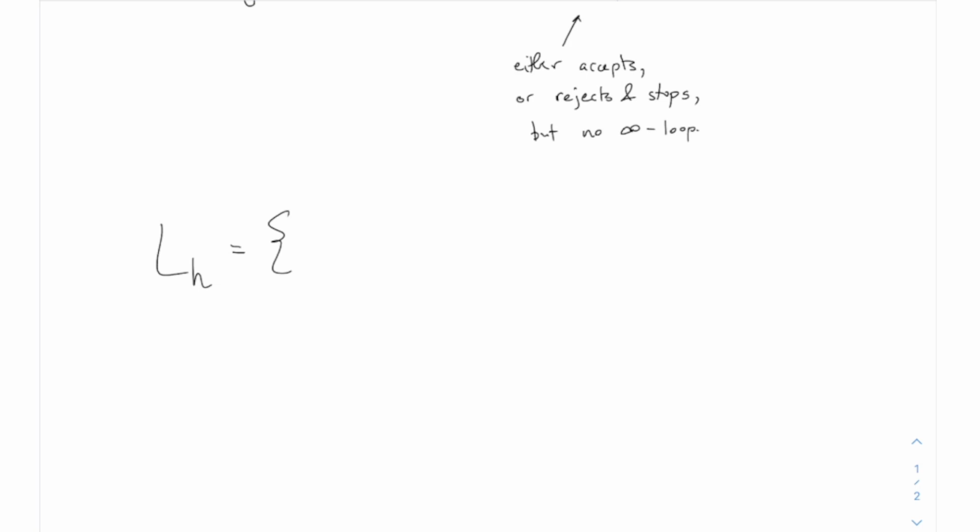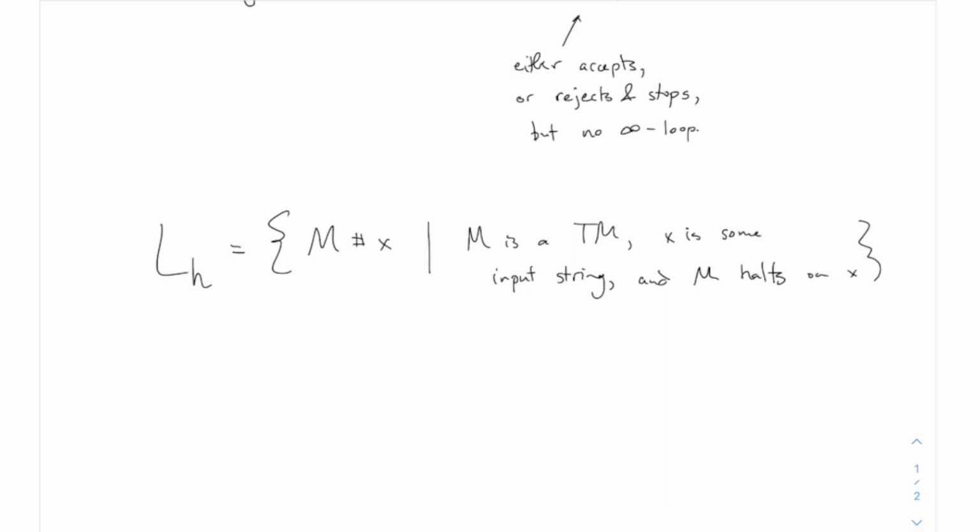This is the whole problem kind of turned into a language of strings, and those strings will look like M with a separator followed by X, where M is a Turing machine and X is some input string, and M halts on X. That is to say, when you run M as a machine using input X, it actually stops. It doesn't loop forever. It either accepts or rejects while stopping.